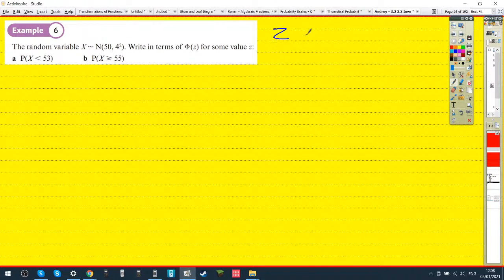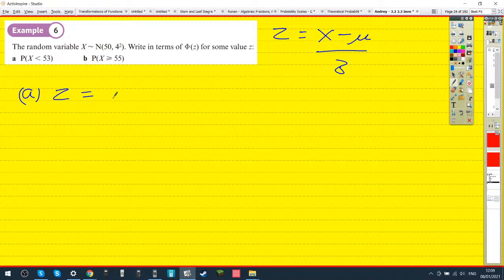So let's try A. Turn the x of 53 into z. We need to make it the subject. Z is already the subject. What is x? What is mu? What is d?